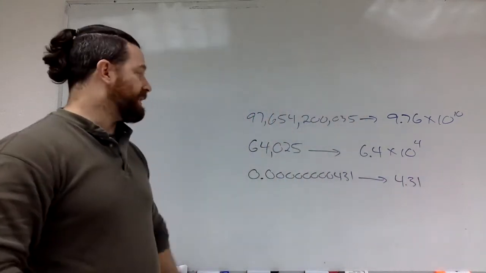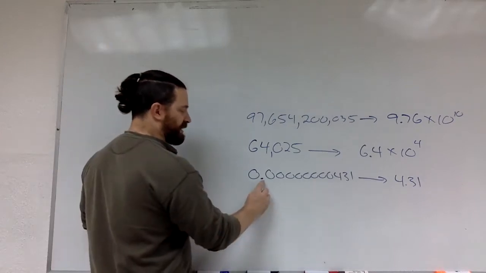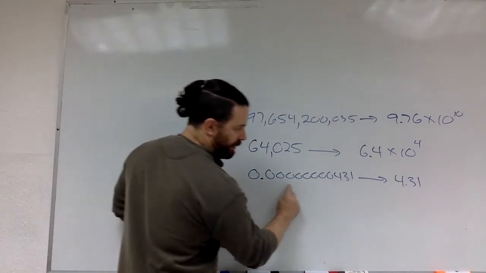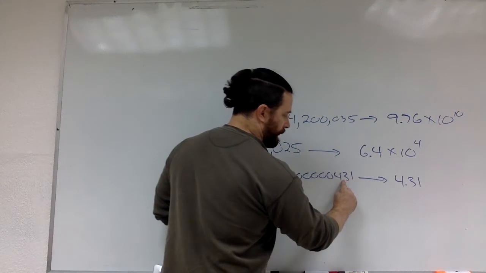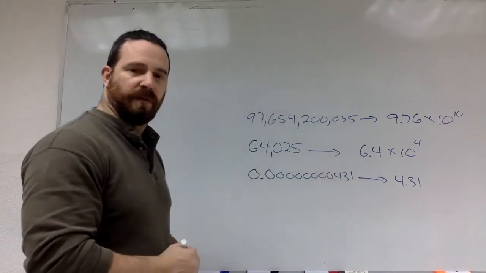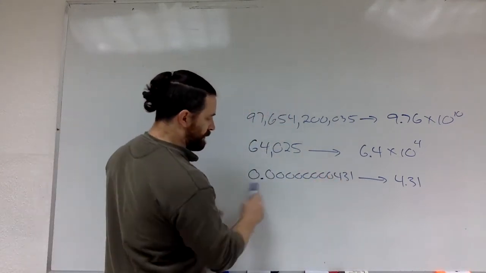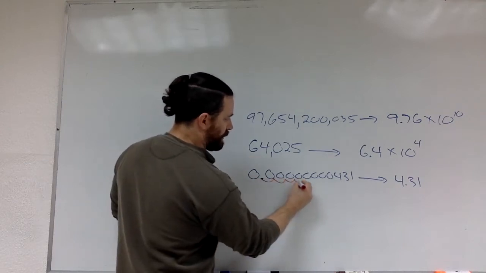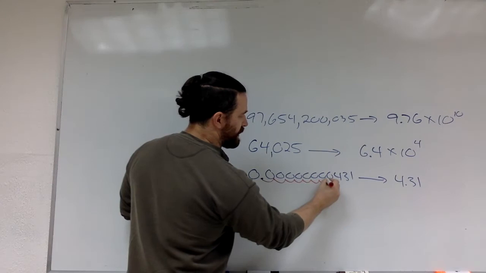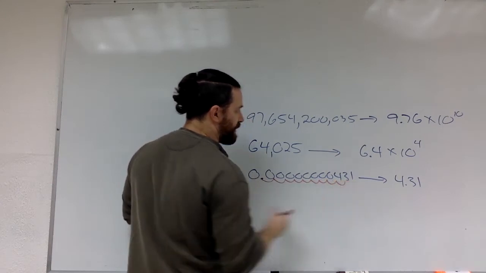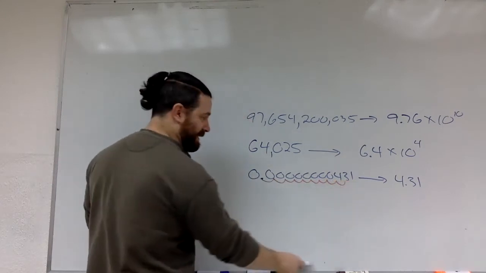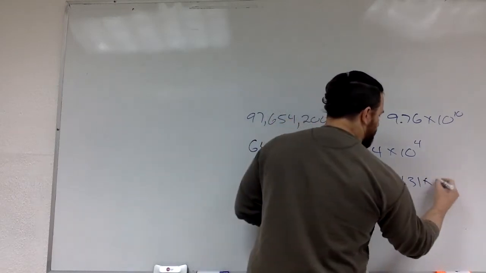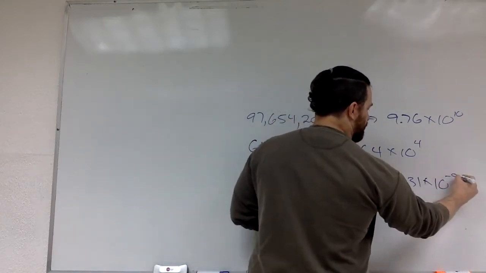And now I have to see, in order to get the decimal from here all the way to here, how many places did I need to move it? So we need to move it 1, 2, 3, 4, 5, 6, 7, 8, 9. We had to move it 9 places. So this is going to be times 10 to the negative 9.